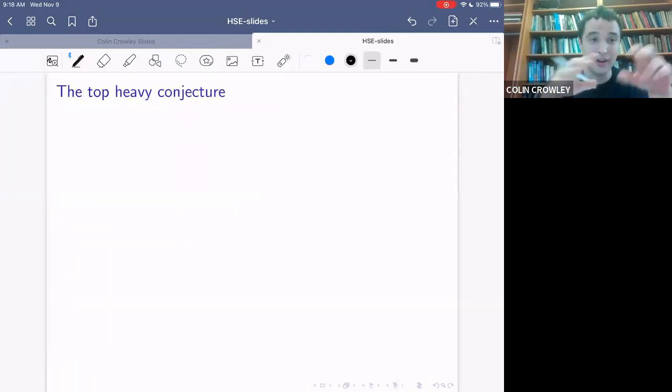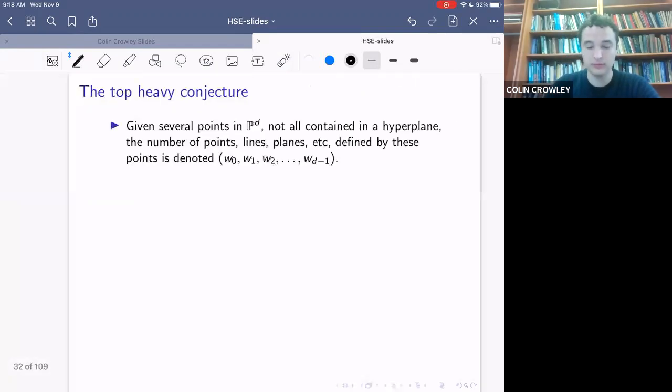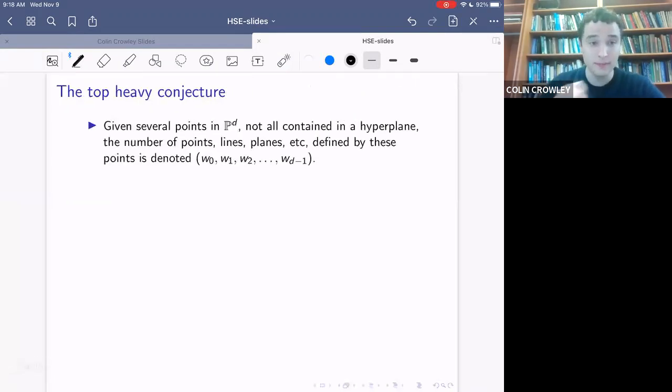There are many parts to this story, and I want to tell you about just one part. This is the work on the so-called top-heavy conjecture. What does it say? First, some notation. Suppose I have several points in projective space P^d. Let's assume they're not all contained in a hyperplane, so they actually span projective space.